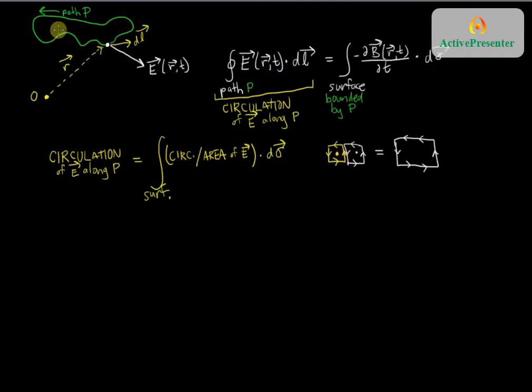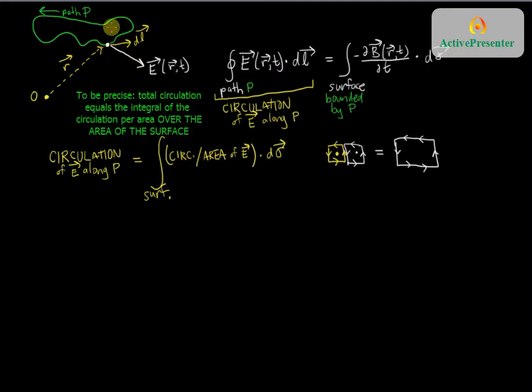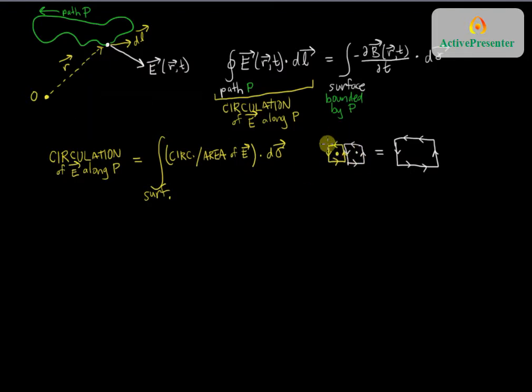So that's what you should be thinking about here, that the total circulation along a path is equal to circulation per unit area everywhere inside of that path, and that's because the circulation along each little element, what adds up when you add them all up is just the outer perimeter. Everything else cancels out.